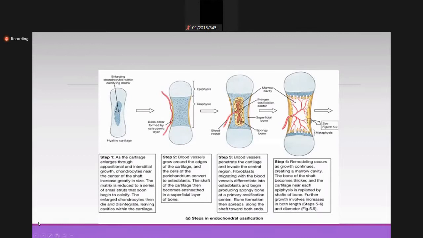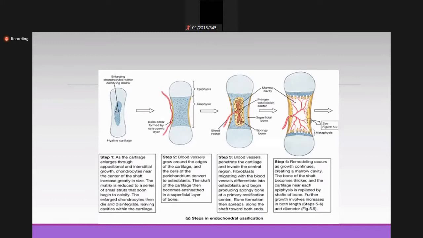As the cartilage enlarges through appositional growth and interstitial growth, two types of growth take place in both the cartilage and the bone. Appositional growth is towards the periphery, which increases the breadth and the height of the bone, and interstitial growth is within the substance of the bone.